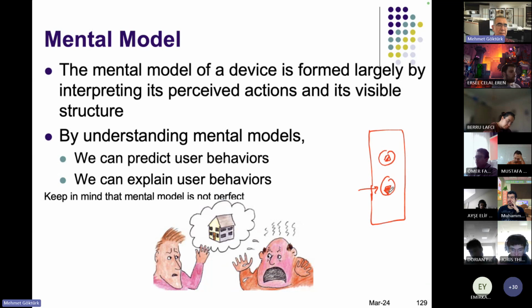From the ground floor. She said the elevator is upstairs and she is trying to call it down. In order to call the elevator down, she told me you have to press the down arrow. So that was her mental model, and she was acting based on the model.